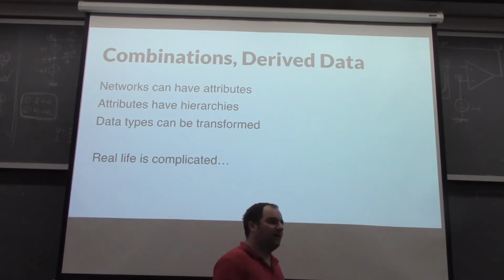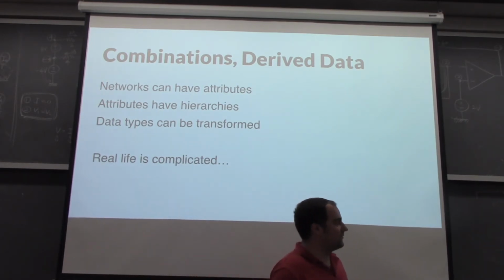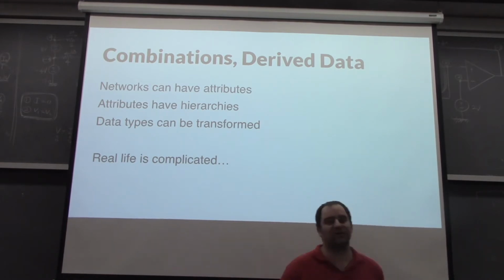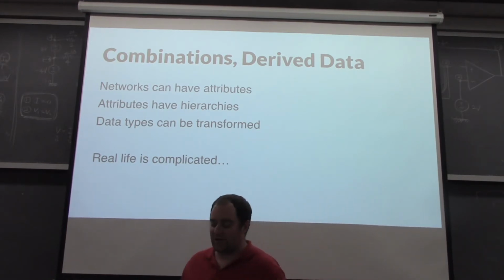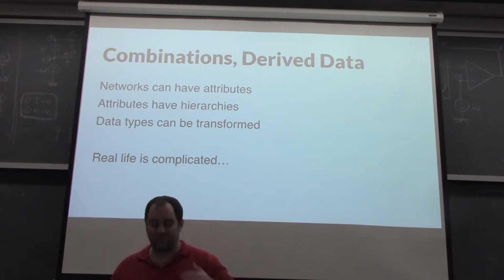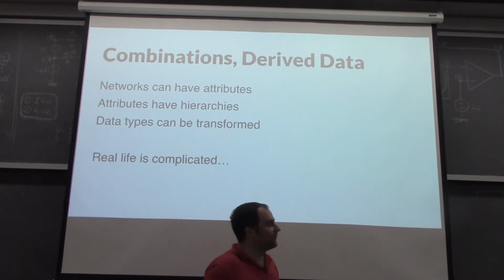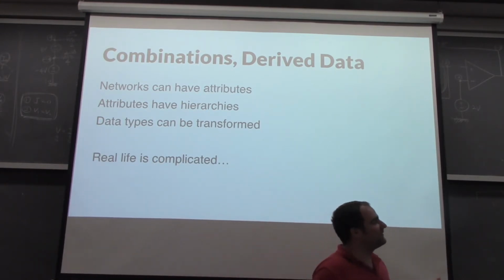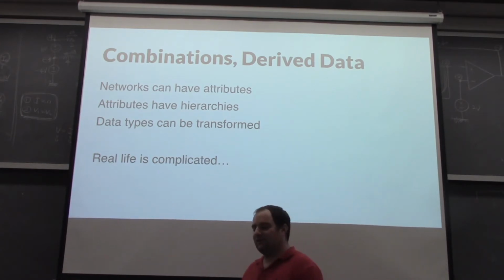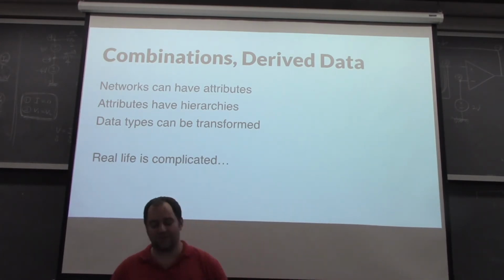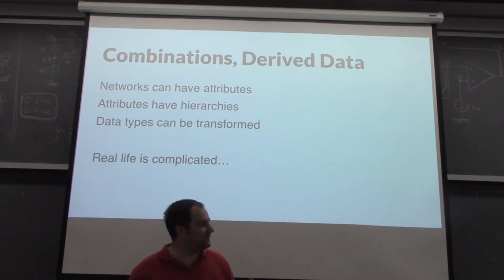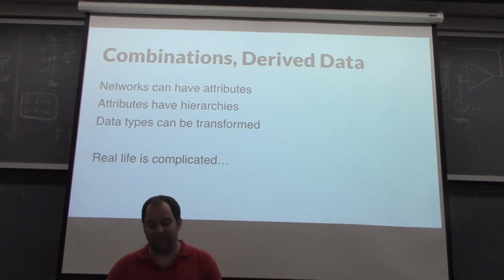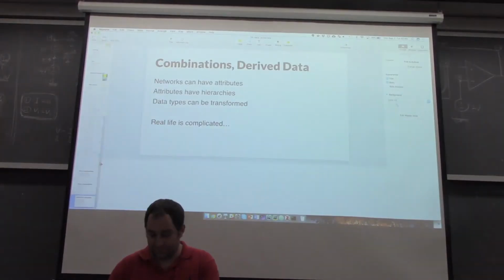So there's both a topology and attributes about those nodes. Attributes have hierarchies, so I can break down attributes into bigger classes of attributes. Data types can be transformed. The point of this slide is to say that these are sensible abstractions to think about conceptually, but in real life we very often have combinations for meaningful visualization problems. So real life is complicated.